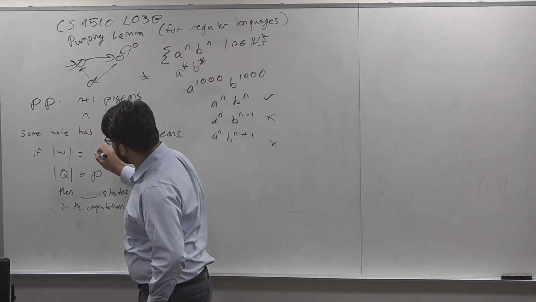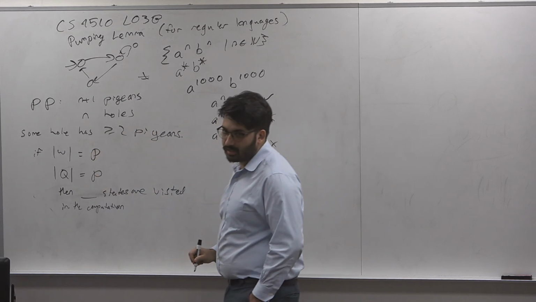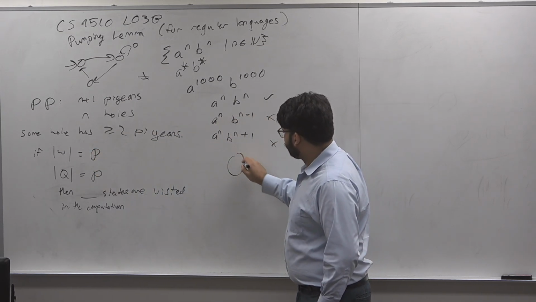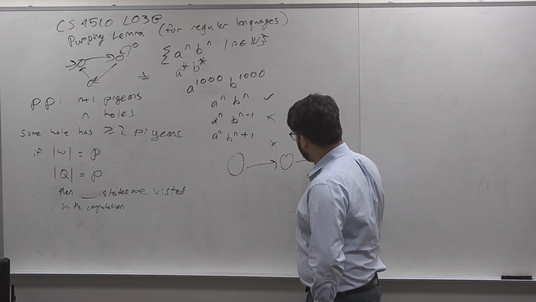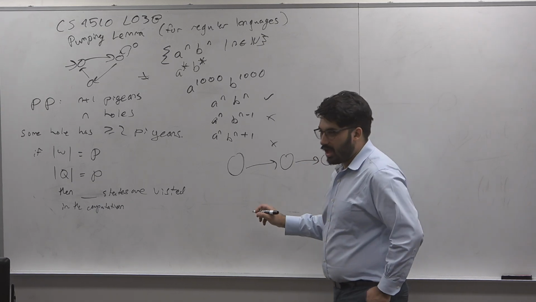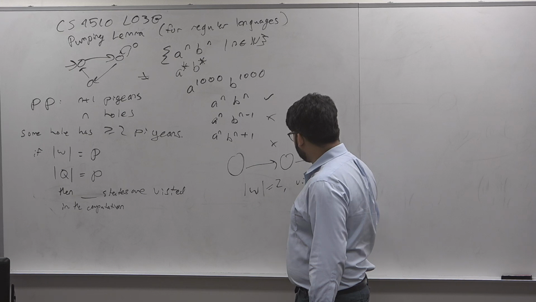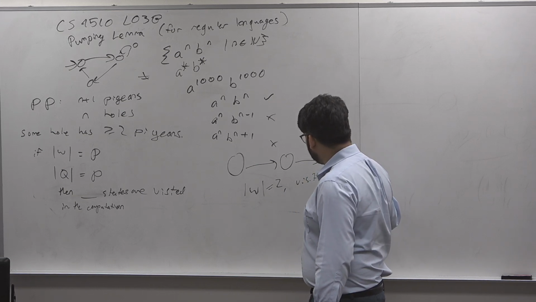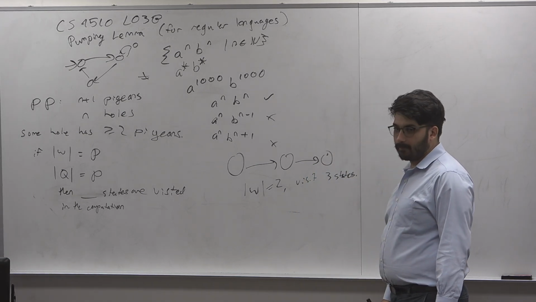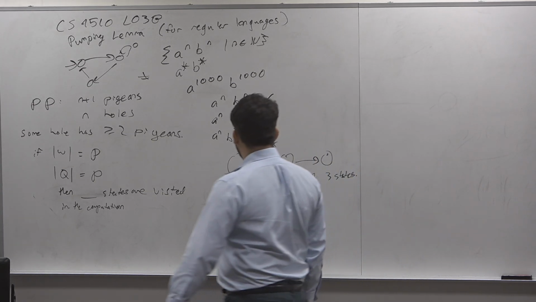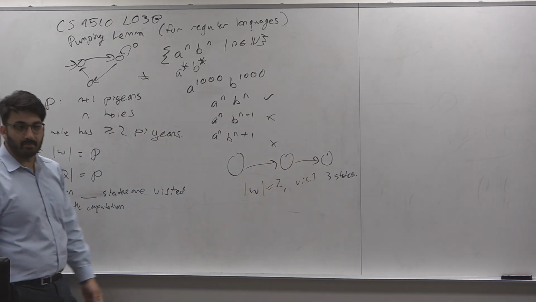Let's say W has length P, exactly the number of states. If the length of W is 2, you visit 3 states, plus 1 for the starting state. 2 transitions is 3 states, at most.